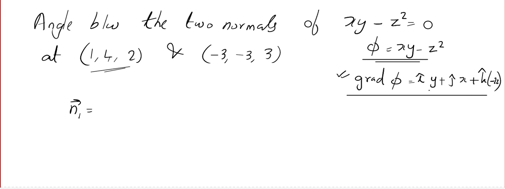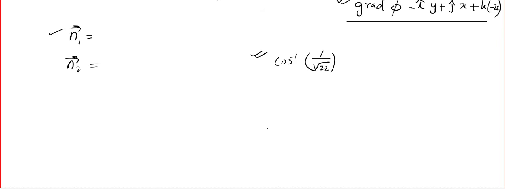So you plug in x is equal to 1, y is equal to 4 and z equal to 2, you get n1. And n2 means the gradient at the particular point minus 3, 3, 3. And the same procedure. Anyway, I ended up with cos inverse 1 by root 22. Confirm the answer. One of the most repeated questions.